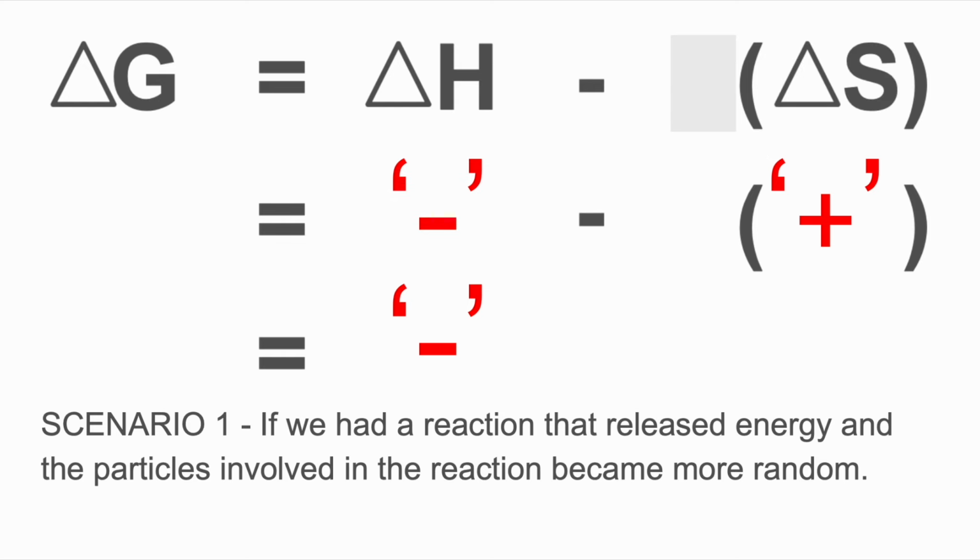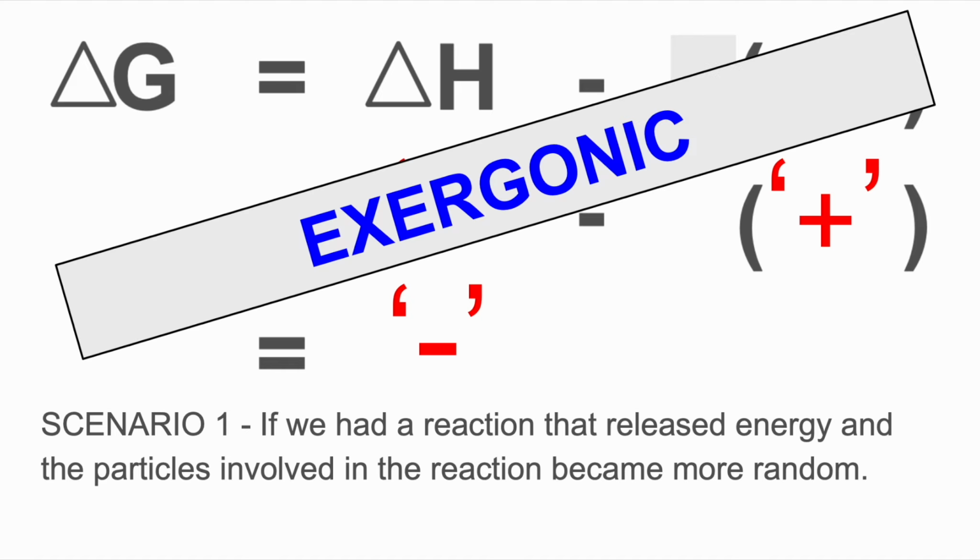Hopefully this makes sense, because if we have something that is exothermic, we understand that as being spontaneous. And if, in that same reaction, something is becoming more random, that is also spontaneous. So together, it only makes sense that this would be a spontaneous reaction.